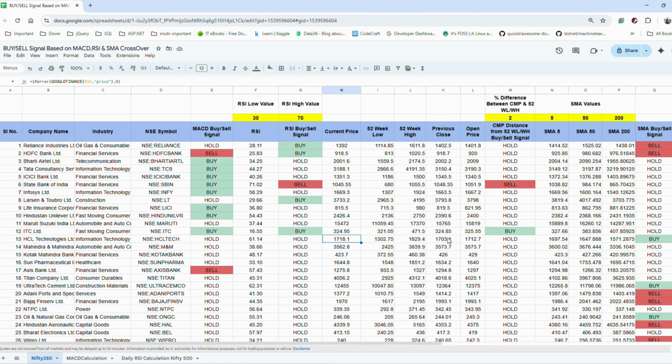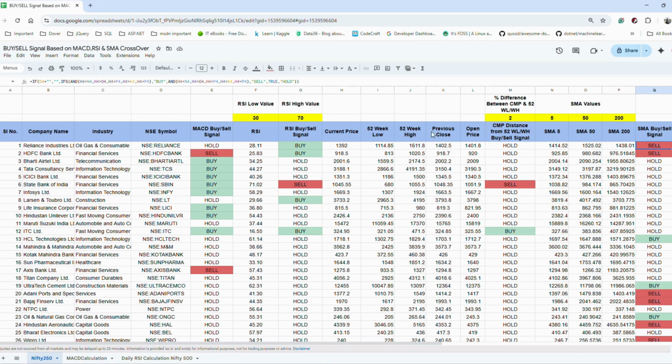The current price is greater than the previous close as well as the open price, it's a buy signal. And the sell signal is just the opposite of this. If the current price is less than SMA 5, SMA 50, SMA 200, as well as less than the previous close, and less than the open price, it's a sell signal.